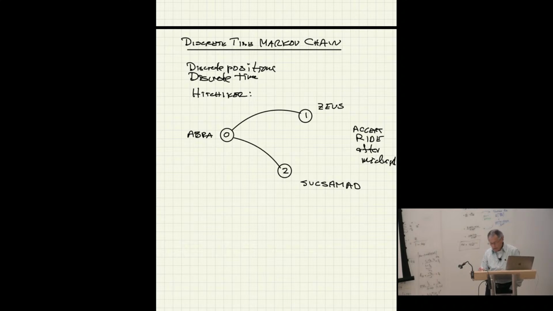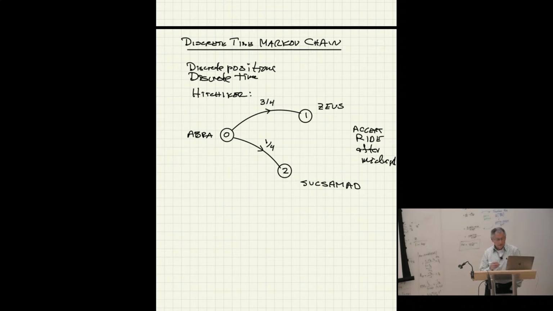He can go from Abra to Zeus, Abra to Suksamad. And let's assume the probability of that, we're going to give it some probabilities. 3/4 of the time, he's going to get a ride to Zeus. And 1/4 of the time, he's going to get a ride to Suksamad.